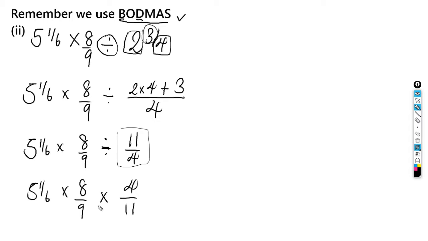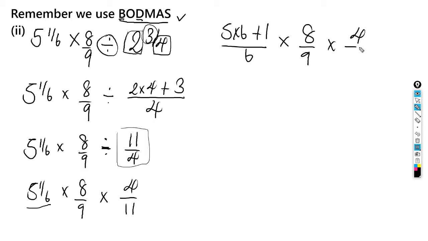So let's move on now. We need to break this down though. We want to break this down in order to multiply all three of them. And we're going to do the same thing. We're going to end up with 5 multiplied by 6 plus 1 over 6 multiplied by 8 over 9 multiplied by 4 over 11.